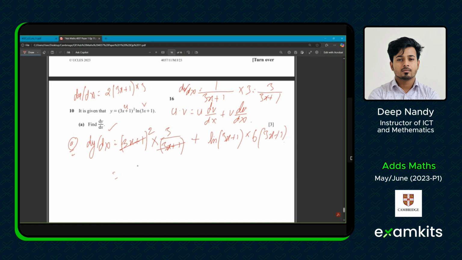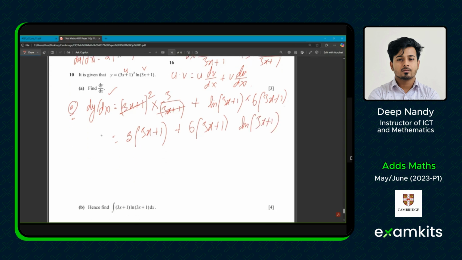This one cancels, so it's 3(3x+1) plus 6(3x+1) ln(3x+1). We can take common factor (3x+1), so it's 3 plus 6 ln(3x+1).